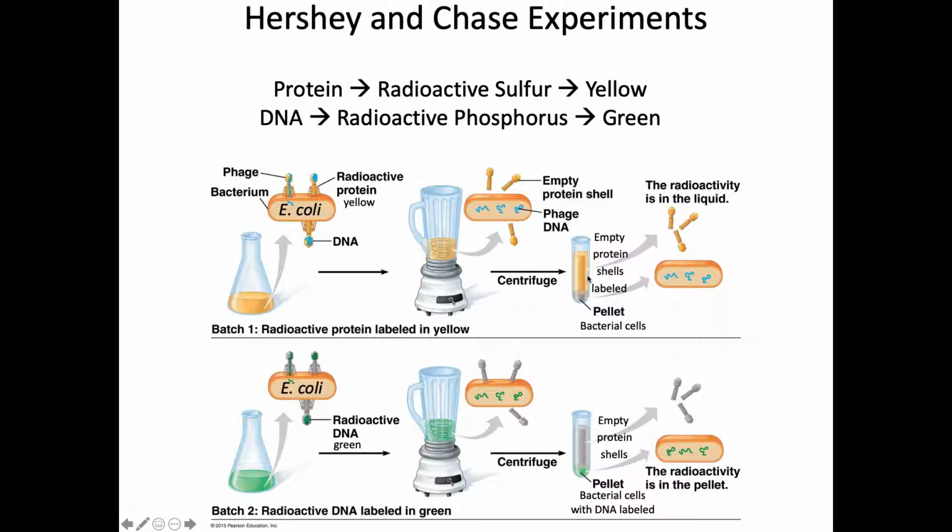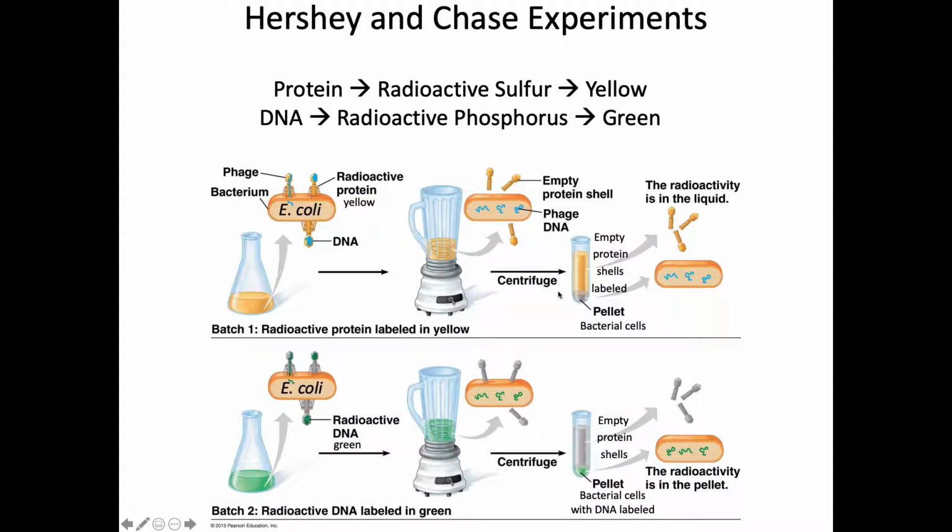In this case, the protein shells, or the protein coat of the virus that was radioactively labeled yellow, stayed at the top, whereas the bacterial cells, which are heavier, went to the bottom. We can see that the bacterial cells weren't radioactively labeled. It was the protein shells. So that means that the protein did not enter the bacterial cells.